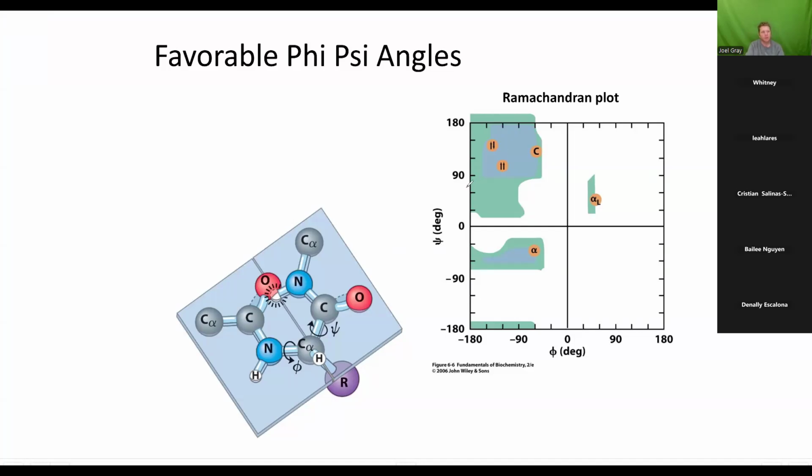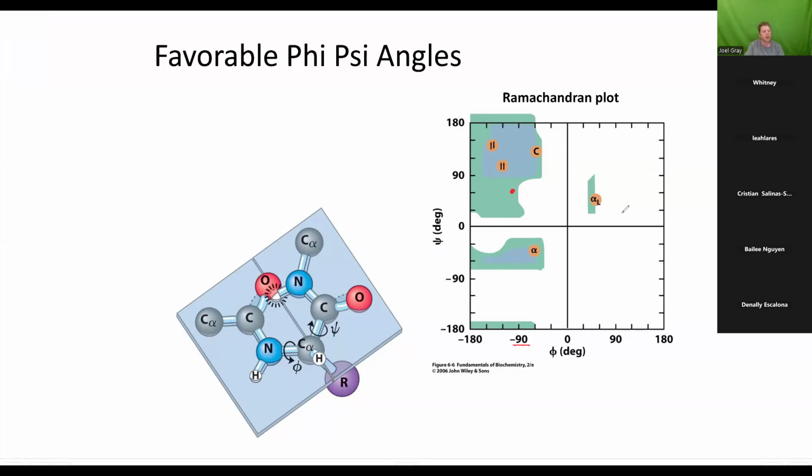So when you look at a Ramachandran plot, what it's telling you is not only is something favorable. If we look at a phi angle that's negative 90, and let's go with positive 60 for a psi angle, that would end up right there. That's a favorable combination.